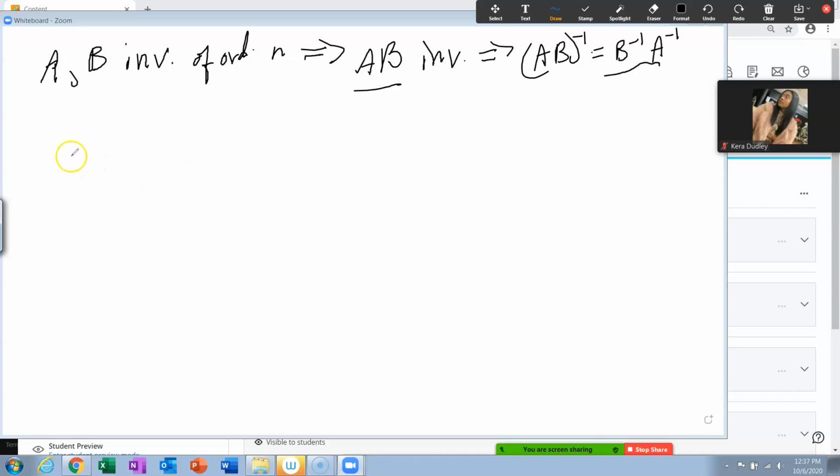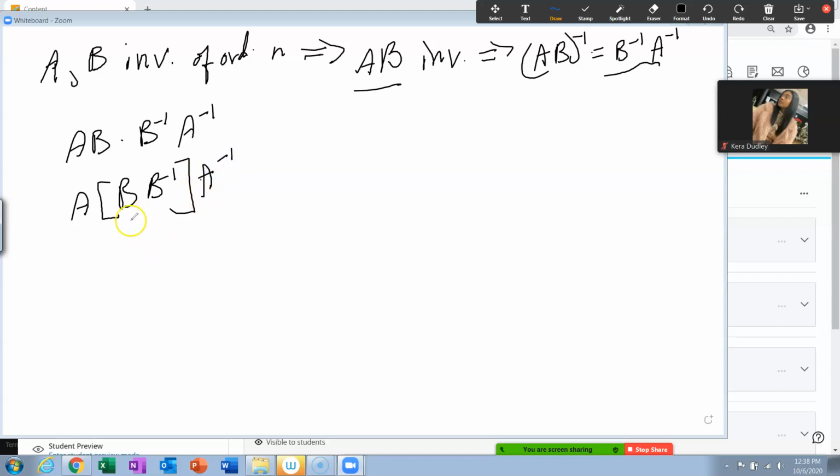Here's how you do that. Let's take AB and multiply it by B inverse A inverse. And what does a matrix times its inverse give you? The identity matrix. Well, let's see if that's true. This is A times B B inverse, and remember they're both invertible matrices, times A inverse.